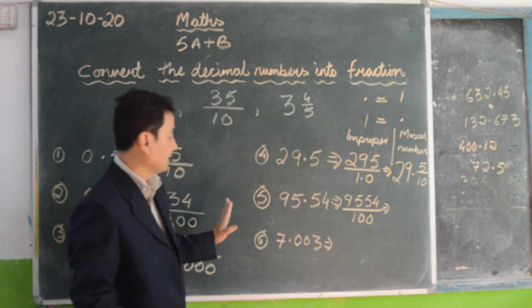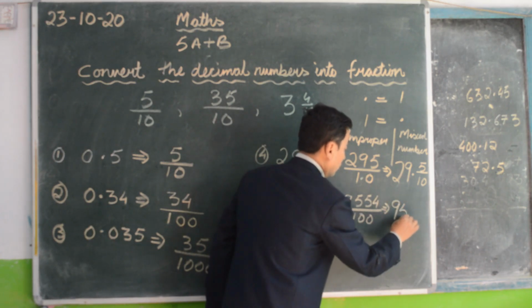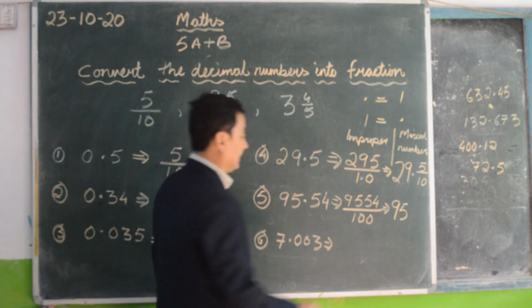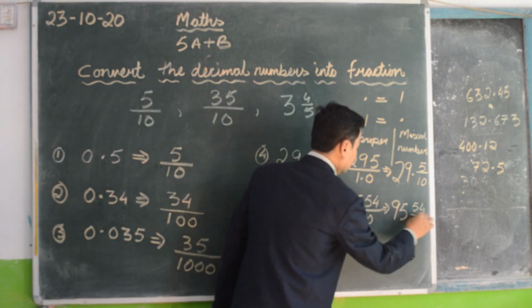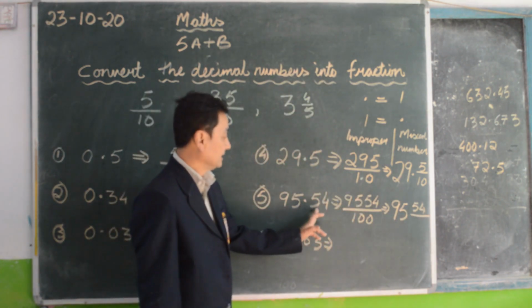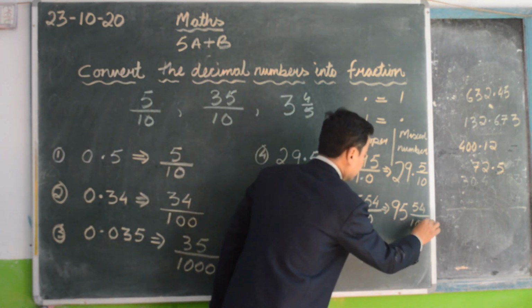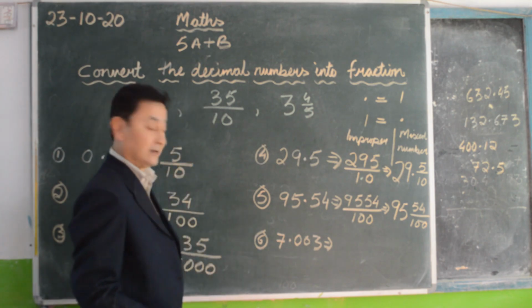What number is before the point? 95. So 95 is your whole number. What number is after the decimal point? 54. That will become your numerator, upon 100. 54 hundredths. Wasn't that easy? Yes?